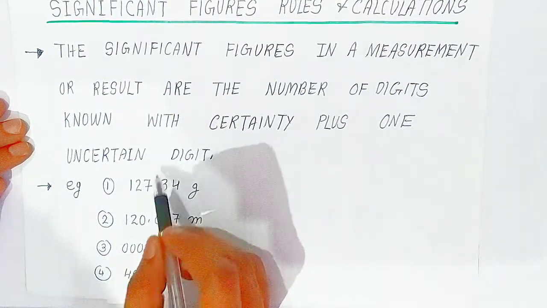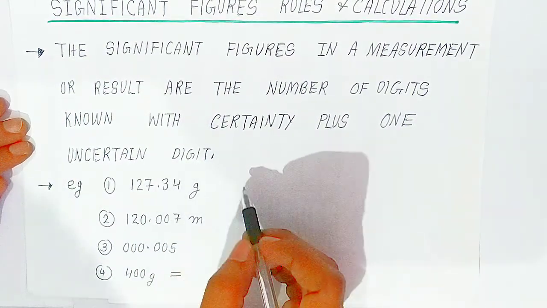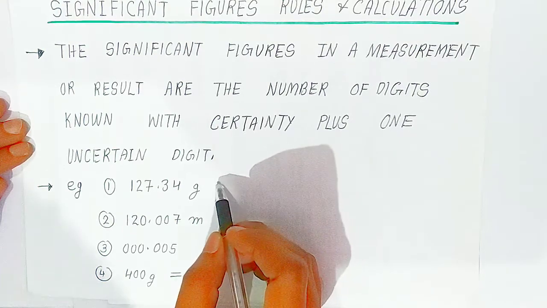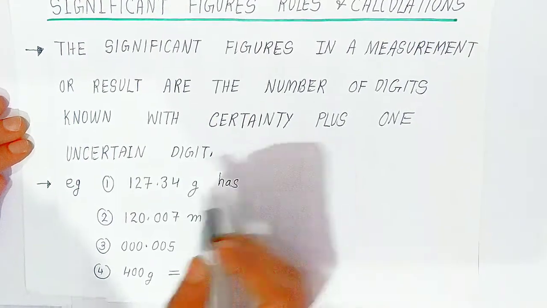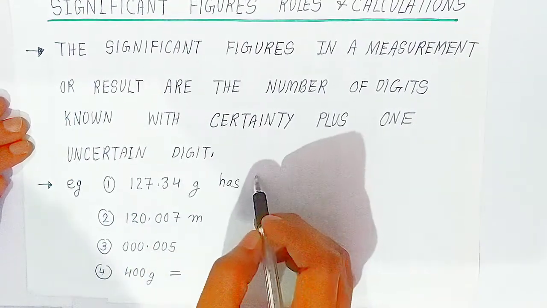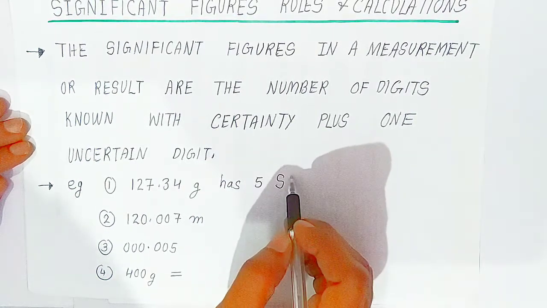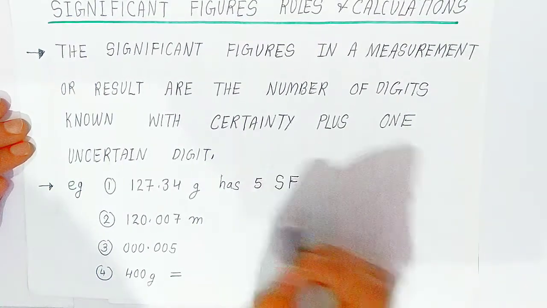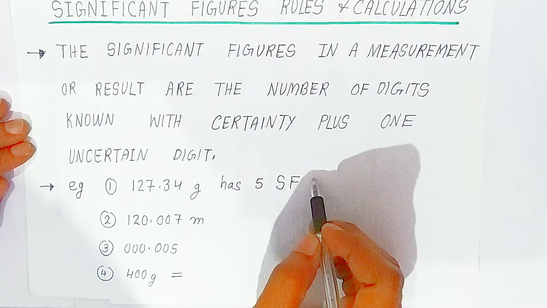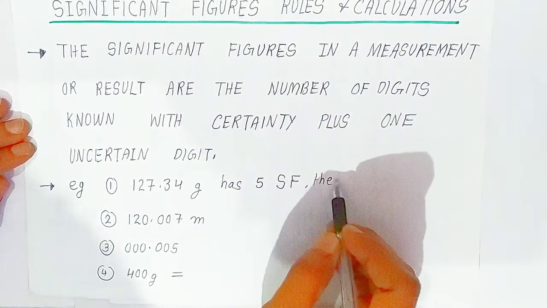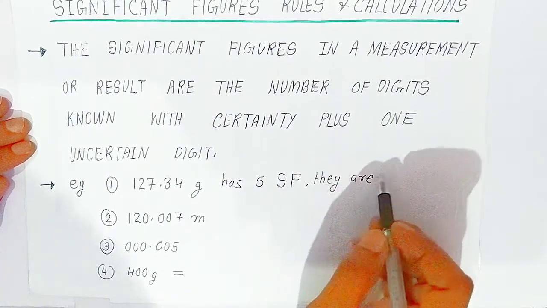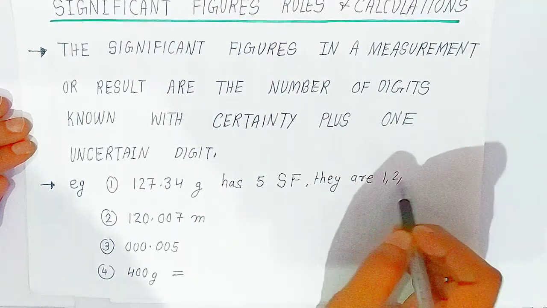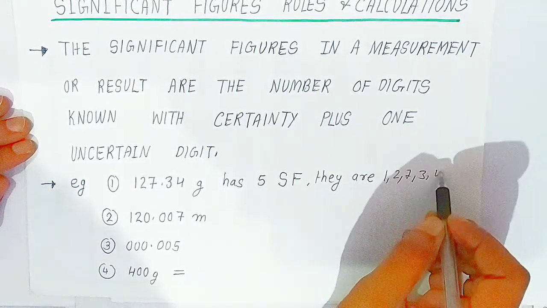Now here students, we have got some readings. Which are the significant figures? This number has a total of 5 significant figures, which are 1, 2, 7, 3, 4.